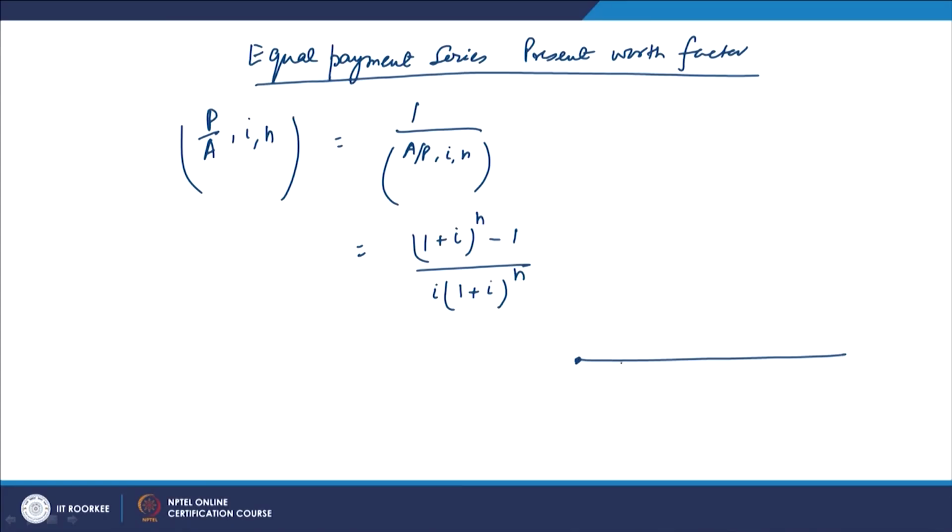Any amount you have invested, you will be getting return from the first year onwards. That is the convention, and they are known as annuities, where the amount is A. So, you may have P and then it will go for n years.